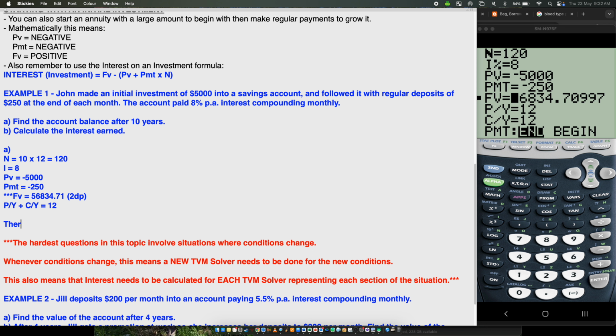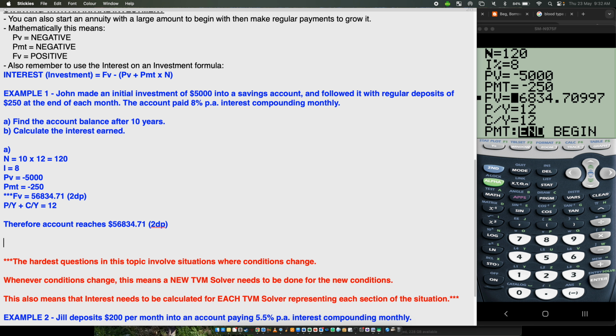So, therefore, account balance reaches $56,834.71. Interest is equal to $56,834.71 minus... Are there two aspects to the amount of money John is putting in?